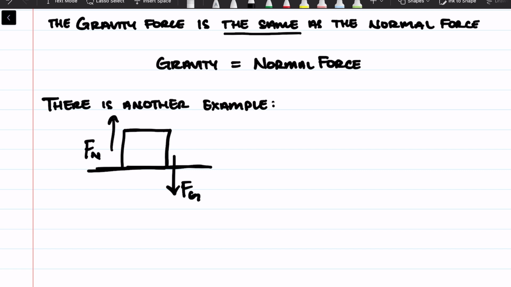But now let's say that I'm pushing this to the left. Now, if we're going to say that this is not moving, then we can say that there has to be something else that's holding it back. So even though it's being pushed, there's something else that's holding it back. And we're just going to write this right now simply as holding it back.